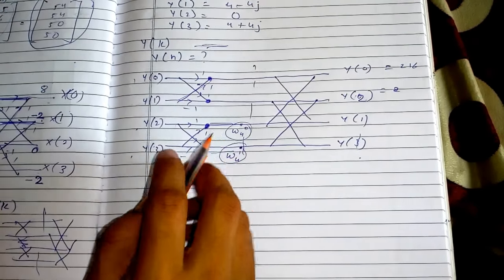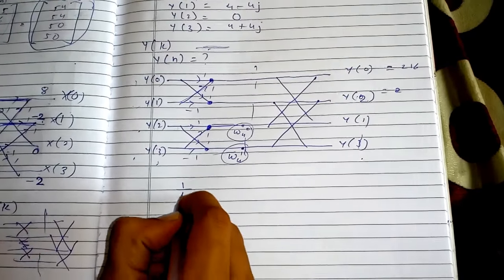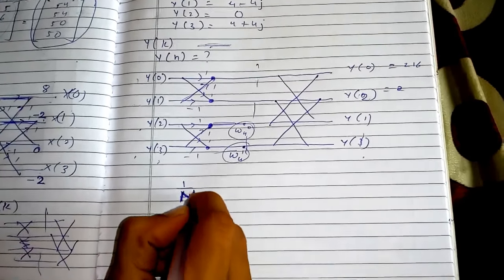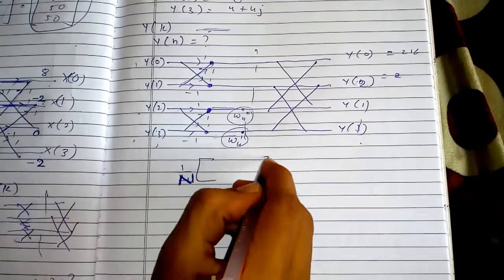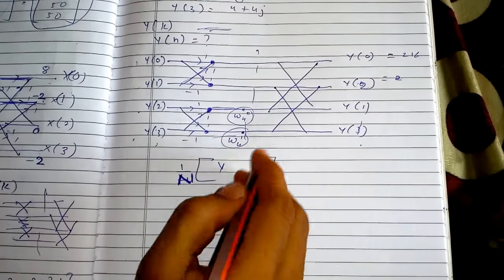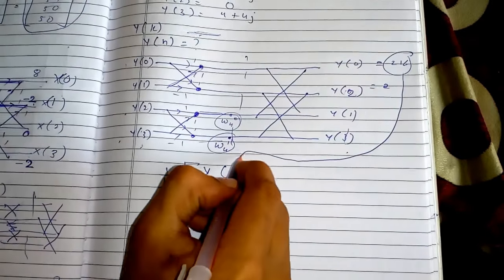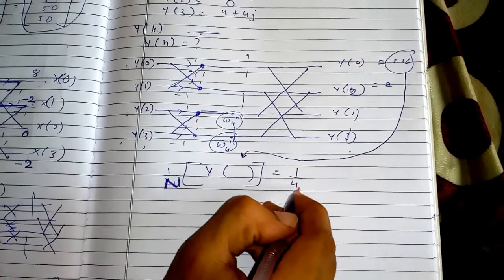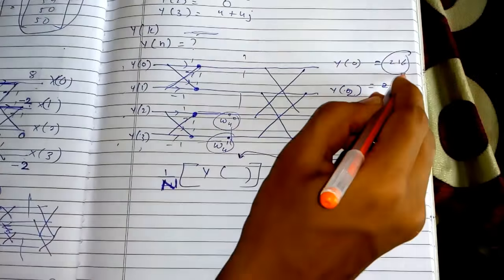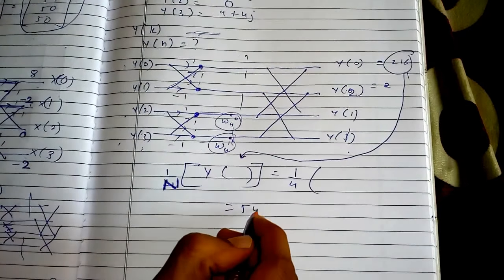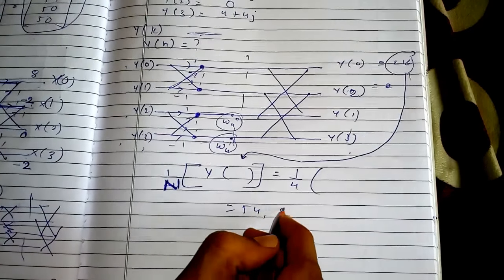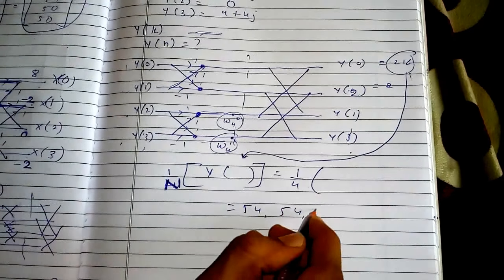Okay, what you have to do is, actually not divide, multiply whatever you get here by 1 by n. So here n is 4, so 1 by 4 multiplied by the first term, you will get 54, then 54, then 50, then 50.